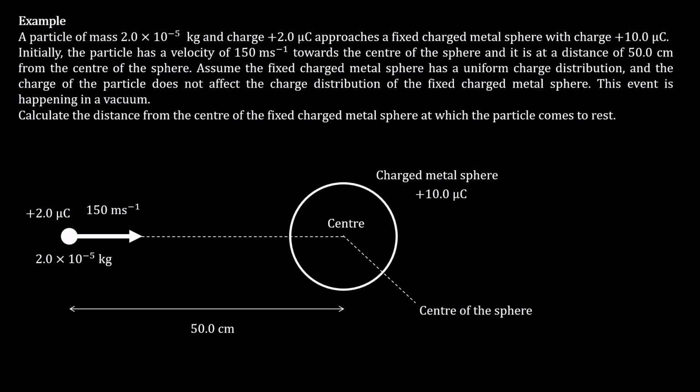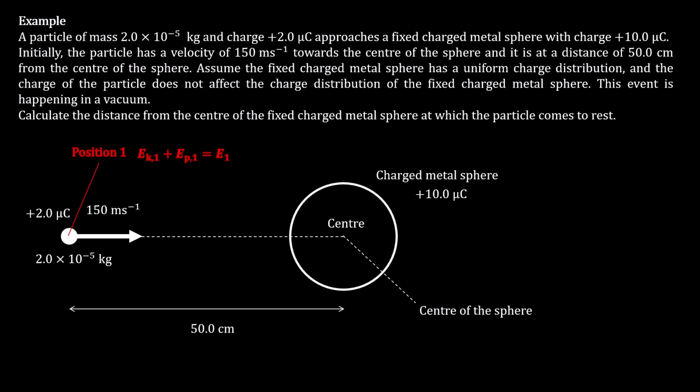At its initial position, let us call this position 1, we can write the total energy of the particle as E1 = EK1 + EP1, where the 1 stands for position 1, which is simply the initial position. E1 is the total energy at position 1, EK1 is the kinetic energy at position 1, and EP1 is the electric potential energy at position 1.